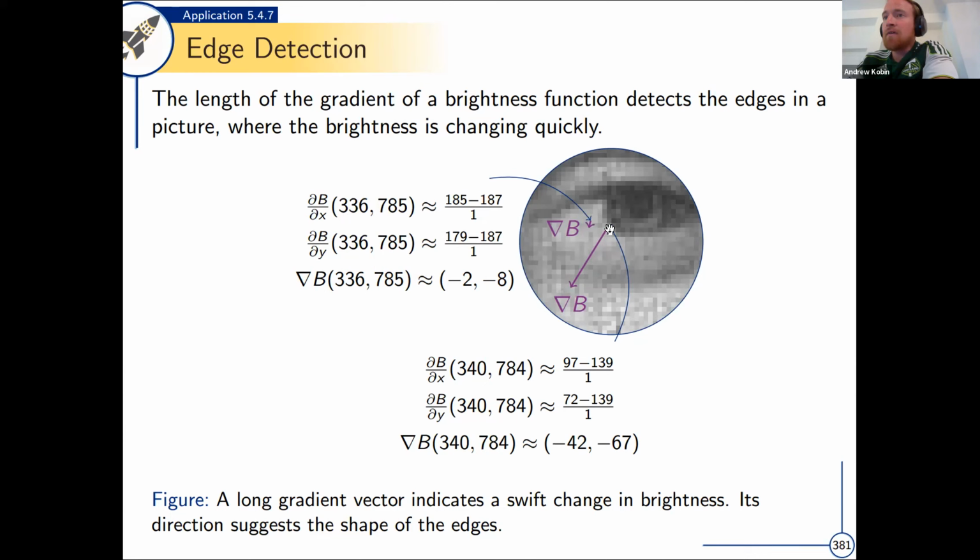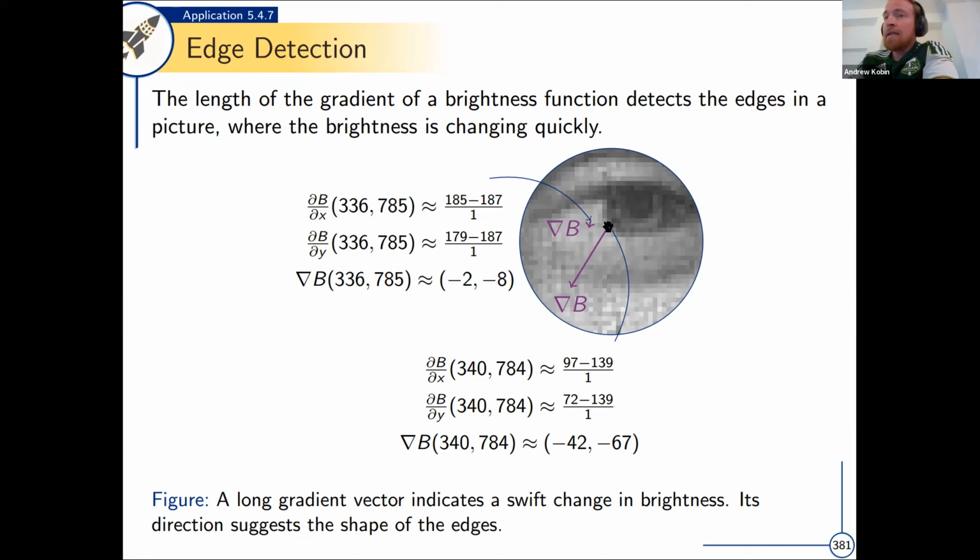If you compute the gradient vector at a different point, namely the one on the boundary of this eye, you'll see that the gradient vector has much larger components, in this case, -42, -67. And keep in mind that each of these vectors is pointing in the direction of maximal increase of brightness. So if you're already in a bright region, you expect to not have to travel very far towards regions with higher brightness.